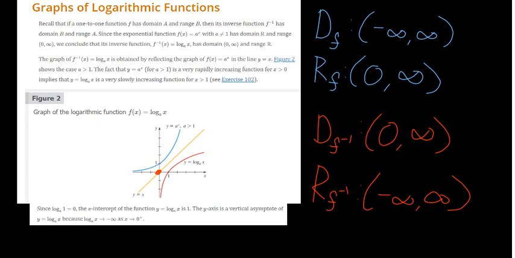Well, we talked about the landmark for the exponential function being at 0, 1. Well, the landmark for our logarithmic function is going to be the point mirrored across that line y is equal to x. So we're going to use the point 1, 0 more or less as the landmark whenever we transform logarithmic functions.